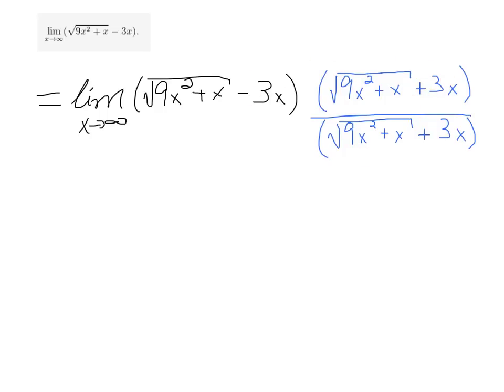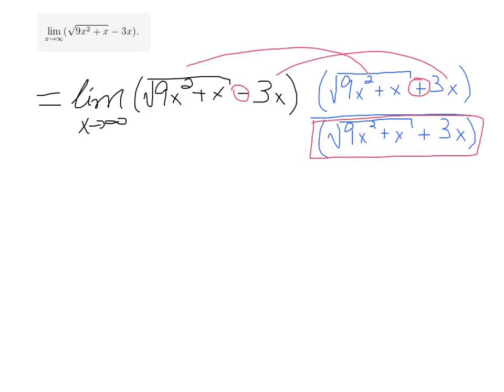So I will be multiplying this square root times this square root, and the 3x times the 3x, and because we're going to have a plus and minus, the middle terms are going to cancel out, and this expression here will become the denominator. Okay, so let's see what happens when we do that.